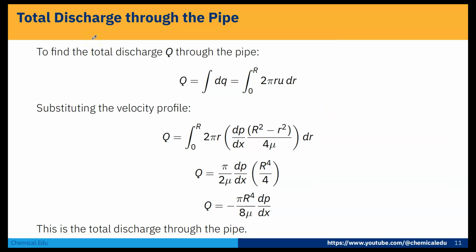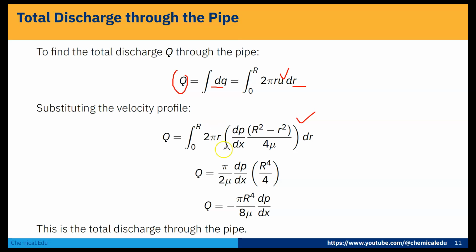Now what will be the total discharge through the pipe? The total discharge Q is nothing but the integration of dQ, that is from 0 to R of 2 pi r u dr. We know u, so we plug it in, and if we do the integration, ultimately we will get Q is equal to pi by 2 mu times dp by dx times R to the fourth by 4. So we got the discharge.